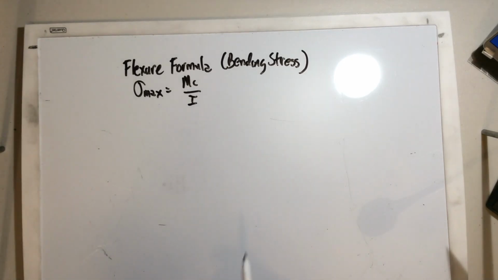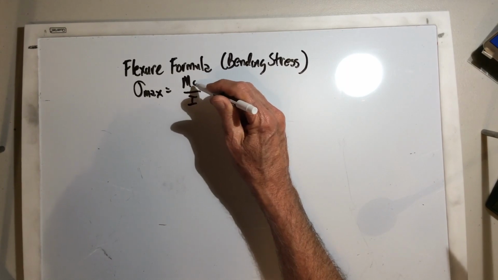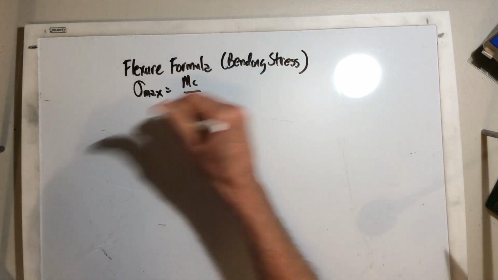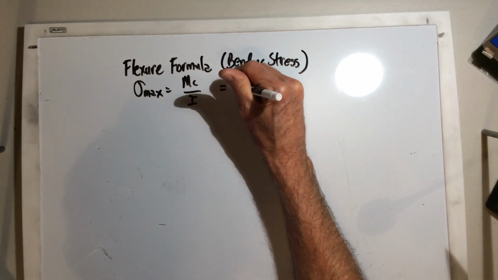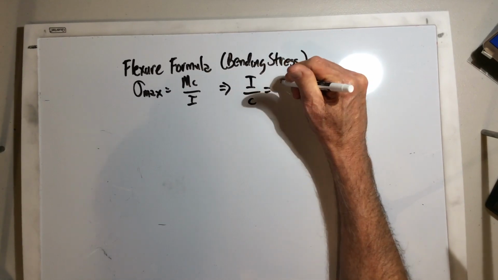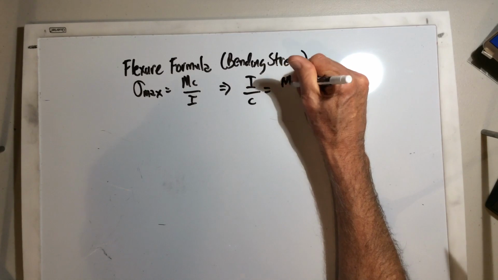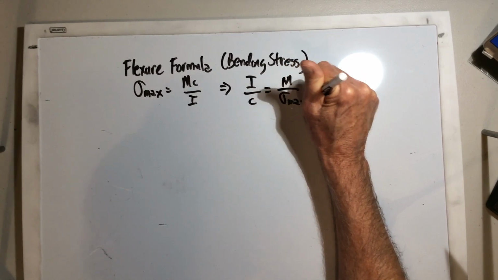Now, what I want to introduce you to is a term called the section modulus, okay? So, if we were to look at this, and we try to put these terms in a little bit different scenario, if we rearrange this to look something like this, I over c is going to equal M over sigma max.